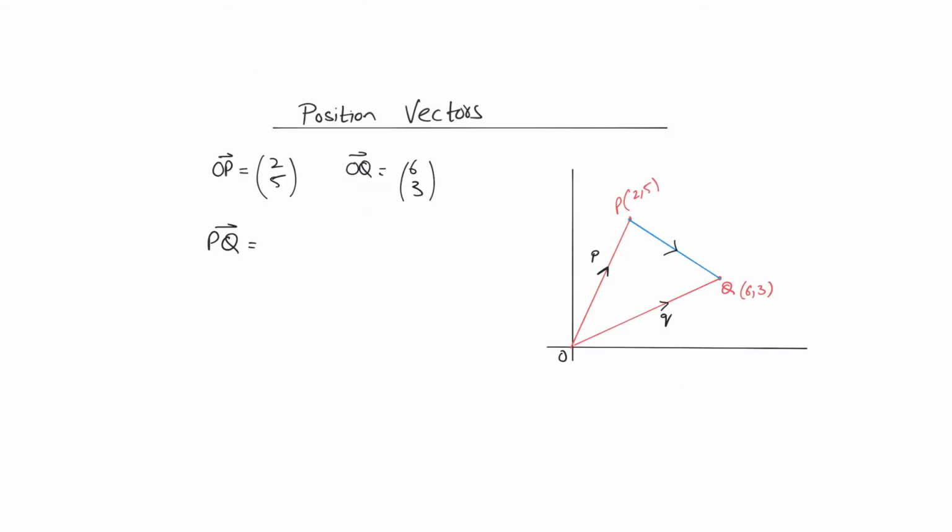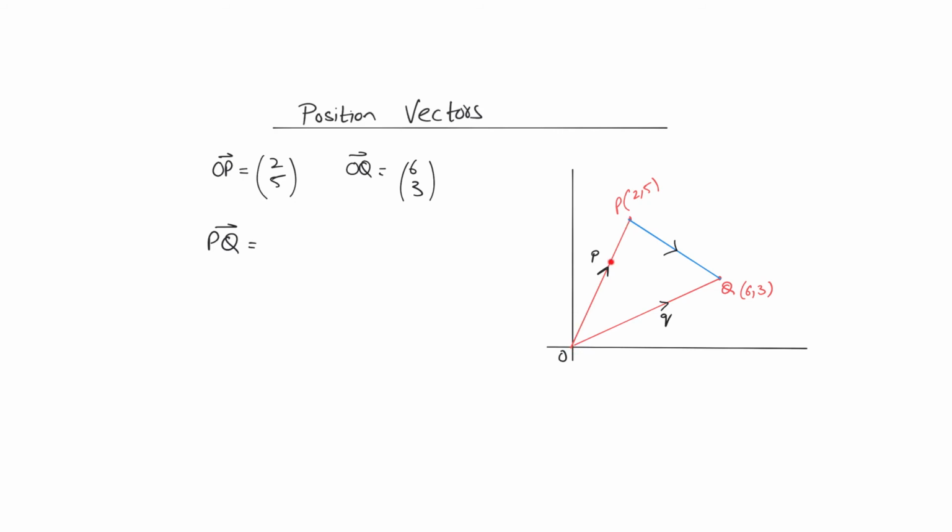Now finally, the concept of position vector is also very simple. Any point in a Cartesian plane, if linked with the origin, is going to give you a position vector. So if this point P has a coordinate of 2, 5 and you join it with the origin with a vector originating from O, that is going to be your position vector OP.